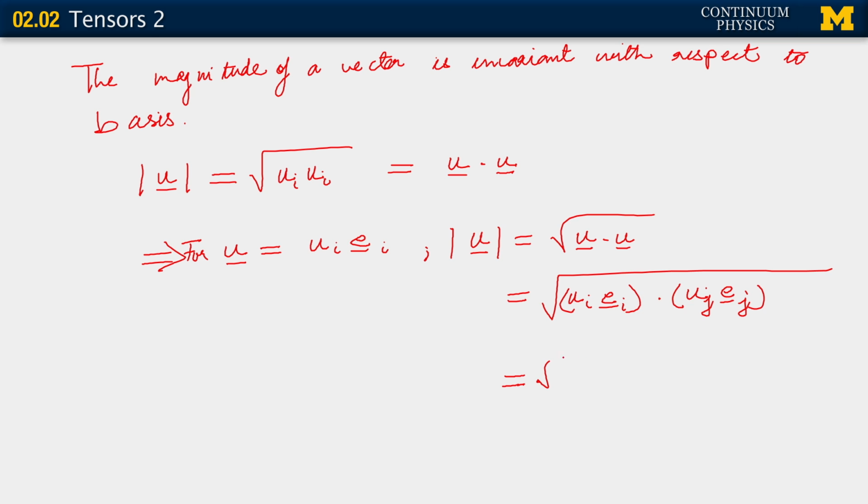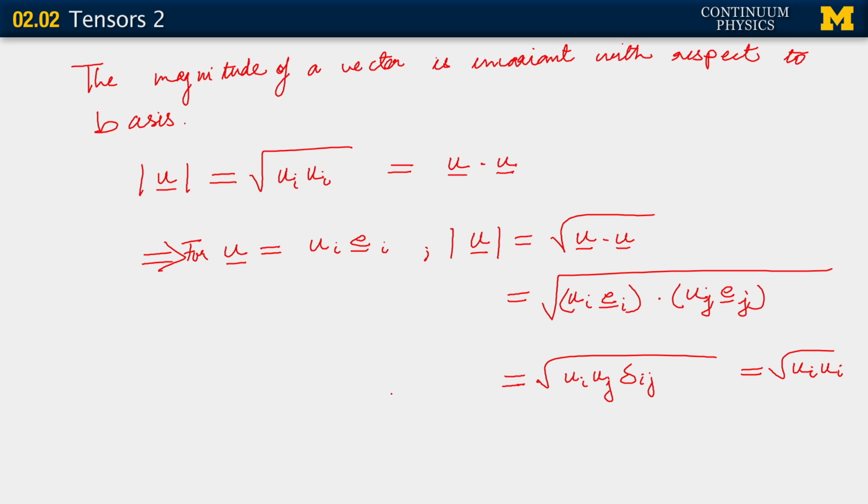So we can write this then as u_i u_j delta_ij, which is the square root of u_i u_i.